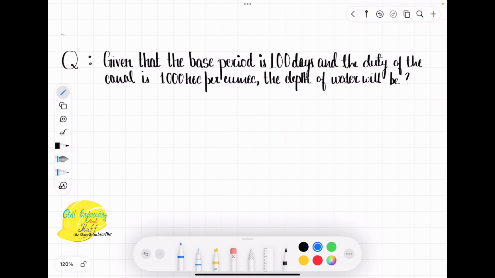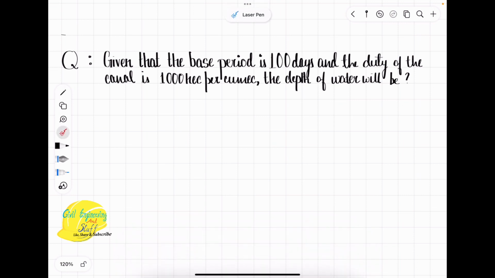The question is nothing but a twist of words. It is just saying find out the depth of water, and we know the total depth of water is nothing but the delta of the crop. Just a twist of words in this question and nothing else.